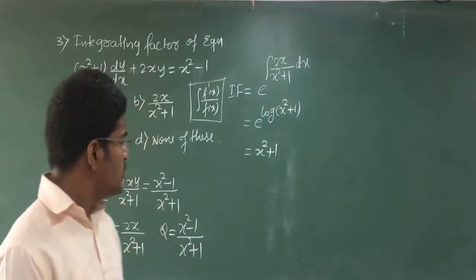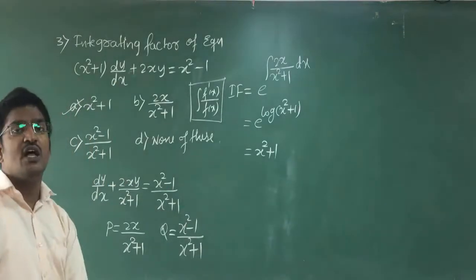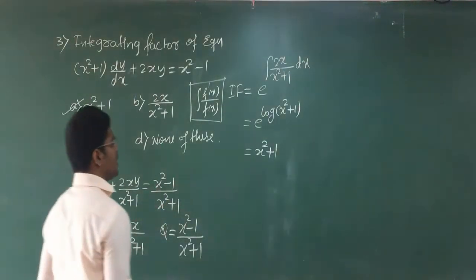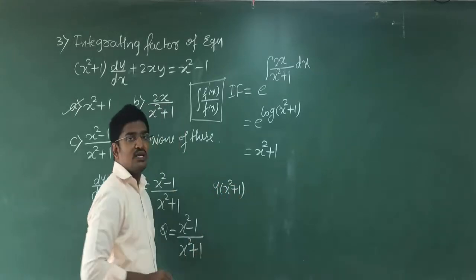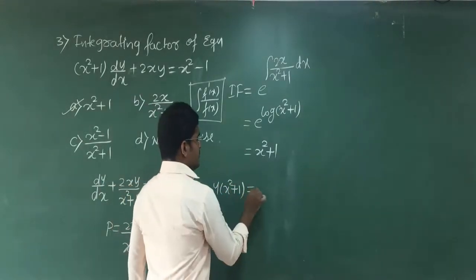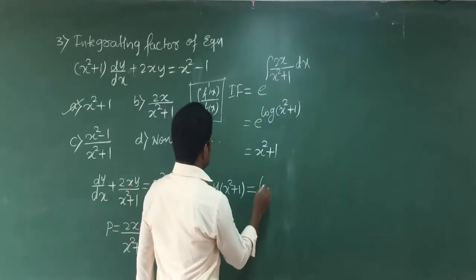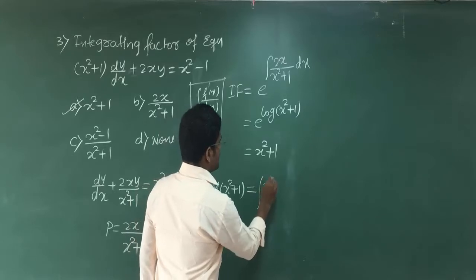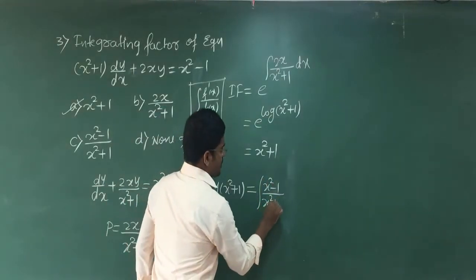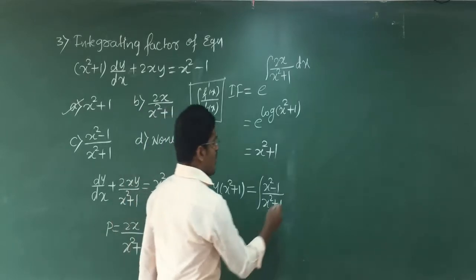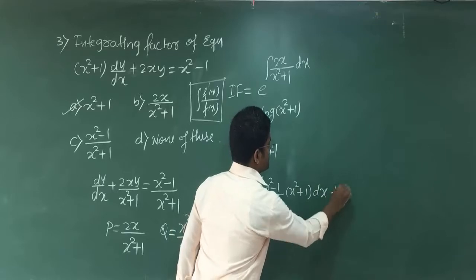So now let us not leave it here. For our practice, let us solve the solution also. For solving the solution, y into x square plus 1 you have to multiply. This will be equal to integration of what? Q, x square minus 1 divided by x square plus 1, multiplied with IF, that is x square plus 1, with respect to dx plus c.